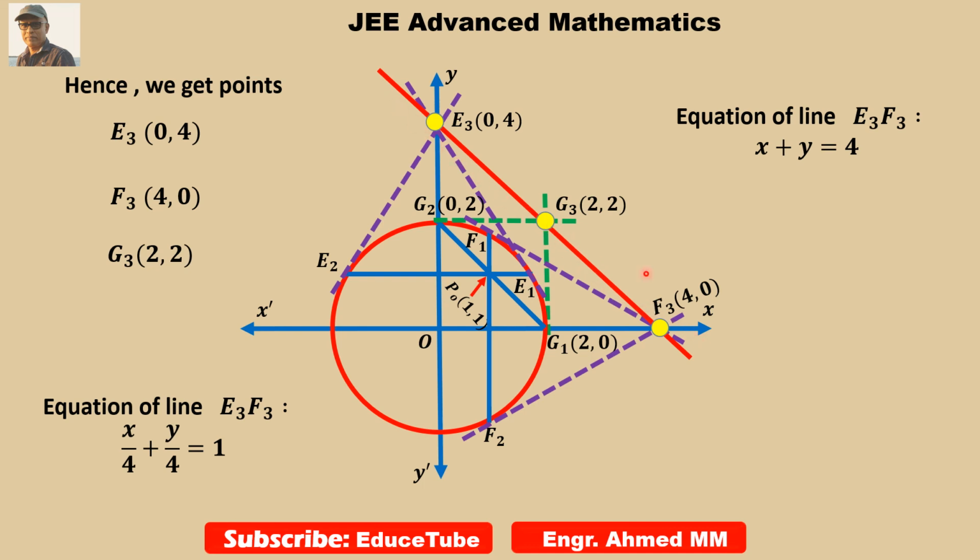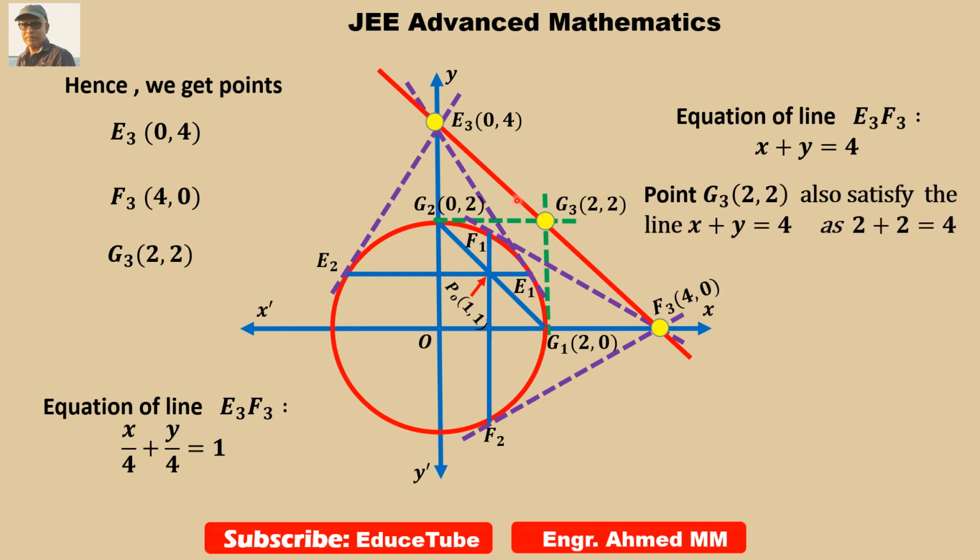But we know this is the intersecting point 2, 2. But to be more sure, we can check it. Say if we put this point on this line, does it satisfy or not? Then we can say that this point also lies on this line.